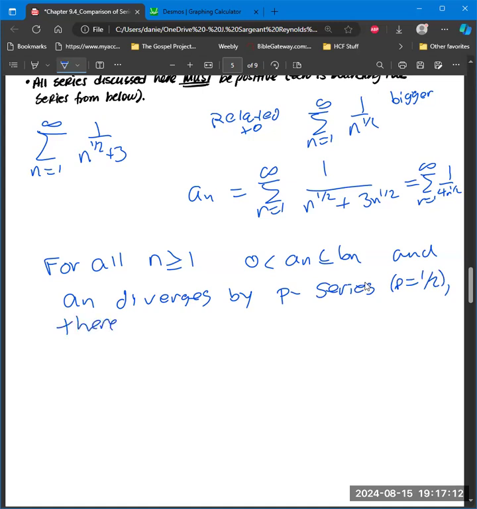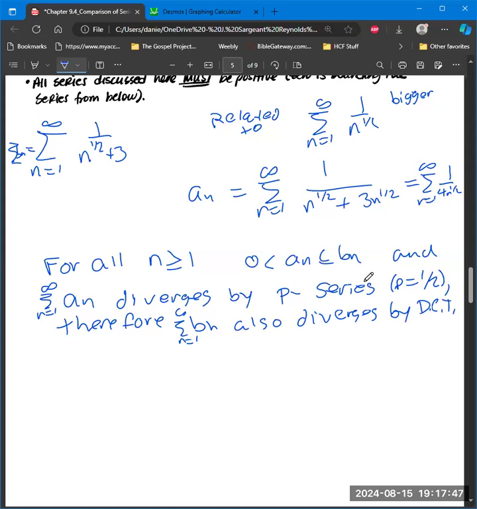Therefore, b_n also diverges by direct comparison test.